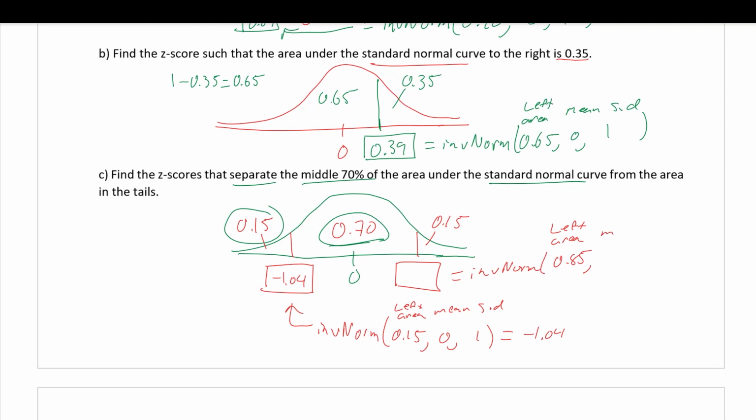Then the mean again is 0, standard deviation is 1. If you were to run that through your calculator, you would actually get a positive 1.04. Now that only happened because of the symmetry, because 0 is at the center. But if the mean was anything other than 0, then you don't expect these to be opposites of each other.